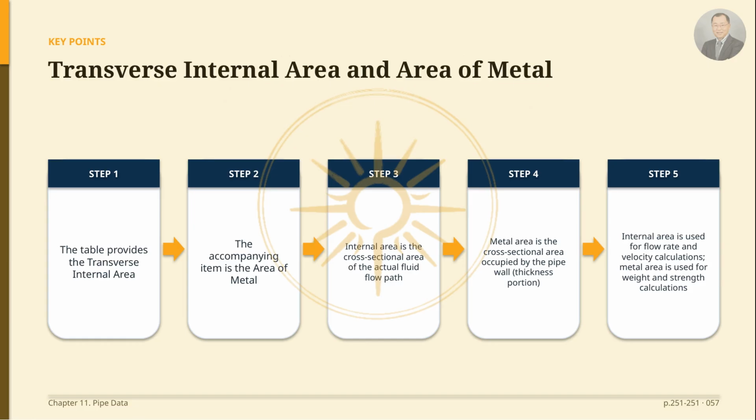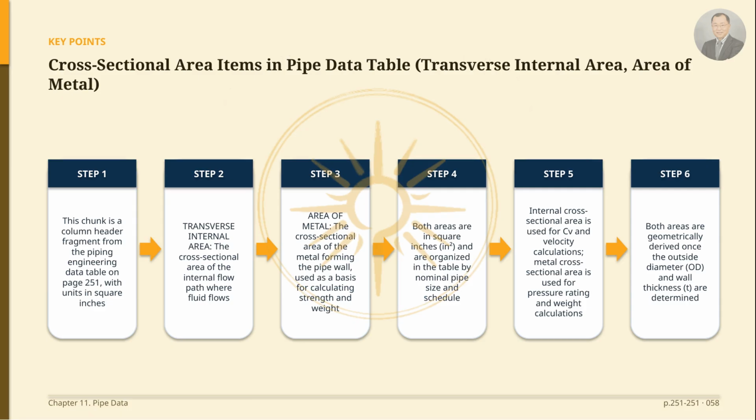Now, I will introduce the cross-sectional area items in the pipe engineering data table. This section consists of the column headers for the table on page 251, and all area values are in square inches. First, the transverse internal area refers to the cross-sectional area of the path where the fluid actually flows inside the pipe. Next, the area of metal refers to the cross-sectional area of the metal forming the pipe wall, which serves as the basis for considering the strength and weight of the pipe.